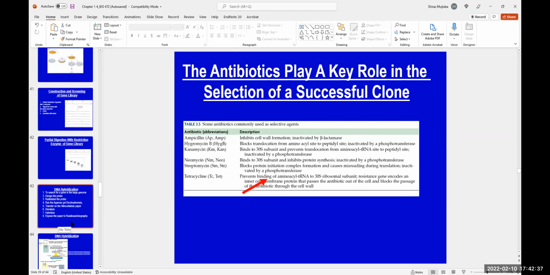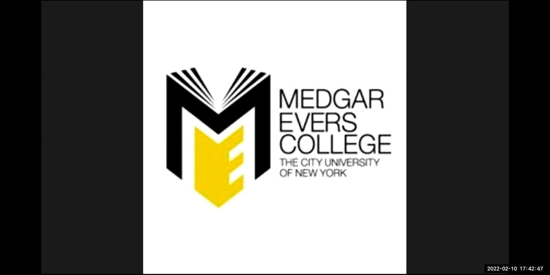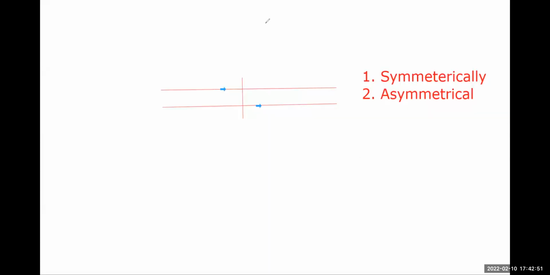So another topic is DNA hybridization. Now, what is hybridization? Hybridization is a technique. So first, let me explain what hybridization is.